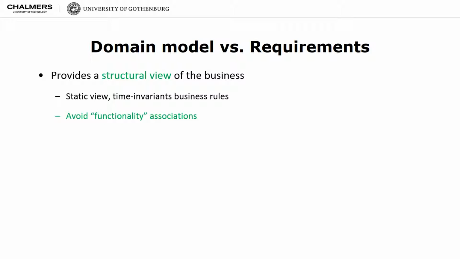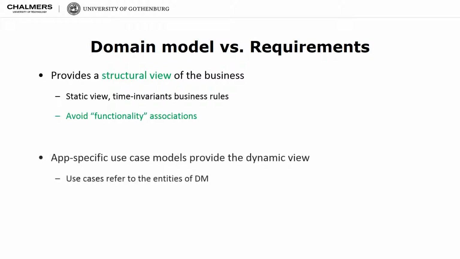To the best extent, you should try to avoid and fight the temptation of introducing functionality that is specific to the application or system that you have to build into the domain model. This functionality is better represented in the use cases of the application, and that is a way to represent the dynamic view of the system.